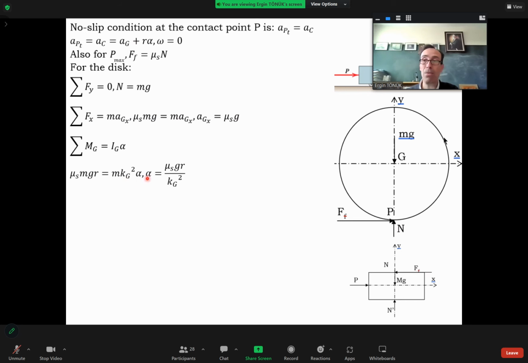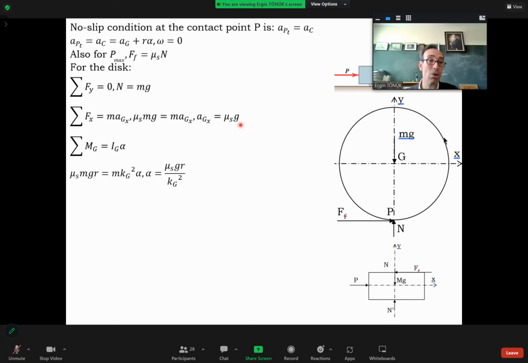So I get an angular acceleration, which is mu s g r over the radius of gyration squared. So actually, I can determine the angular acceleration, and I can also determine the linear acceleration of the mass center from the given things.